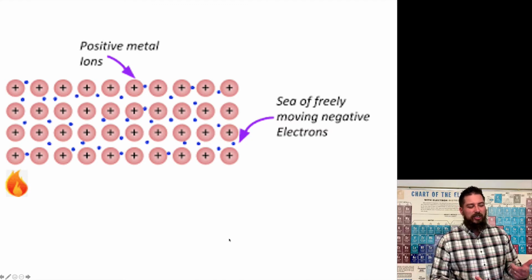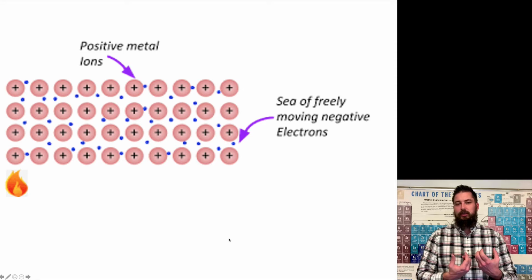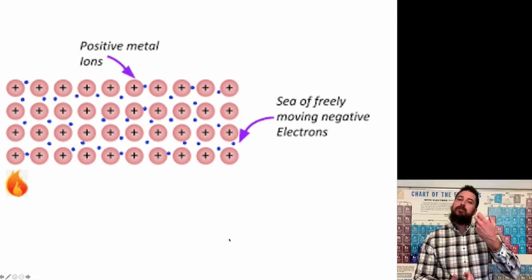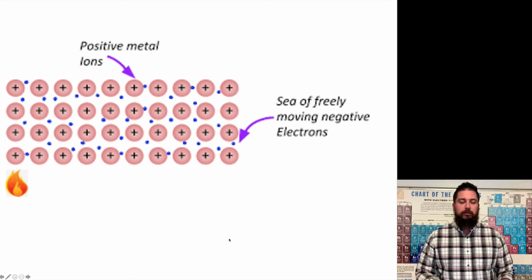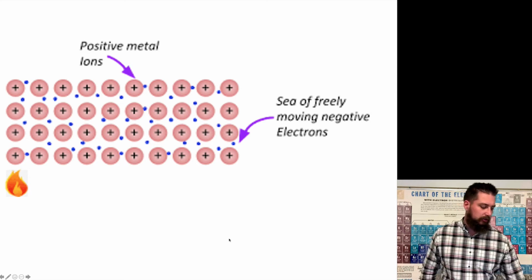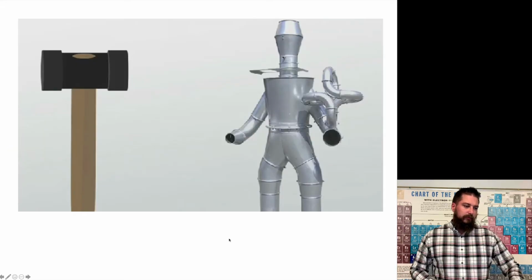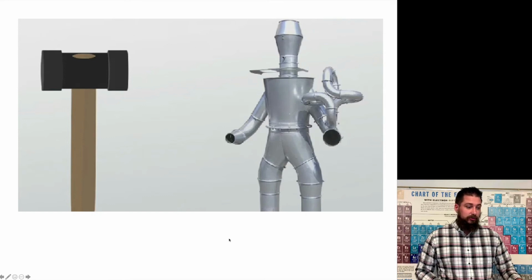Do you see how, because they're positive, they don't really want to stick together, but they're okay sliding past each other? I know that brings up the question, why don't they just repel each other? Well, what's holding them together is that sea of electrons. It's the fact that there are electrons there that they are attracted to. Here's a picture of a flat sheet of metal shaped into a little tin guy.